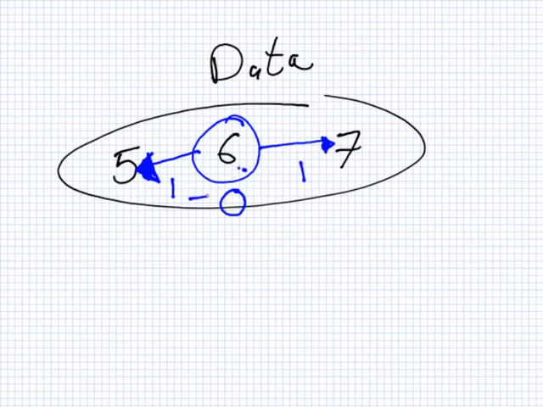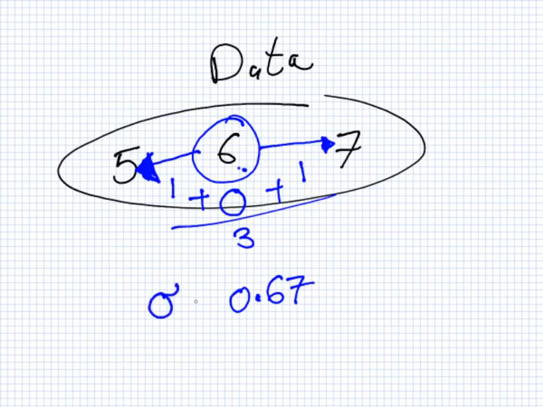So what is the average of 1, 0 and 1? Well, it'll be 2 over 3, which is 0.67. So I know it's not the same because my data is so small, but the standard deviation is roughly the average distance each point is from the middle, from the average.